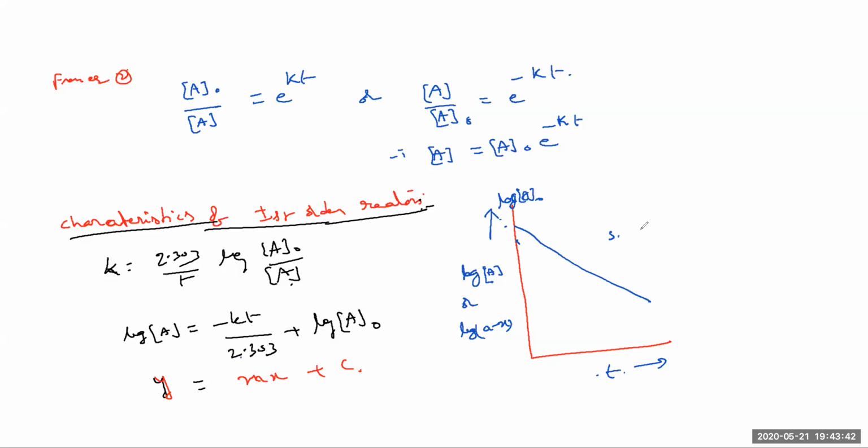Slope is negative, that is minus k by 2.303. What is intercept c? Intercept c is equal to log of initial concentration. Note down this.